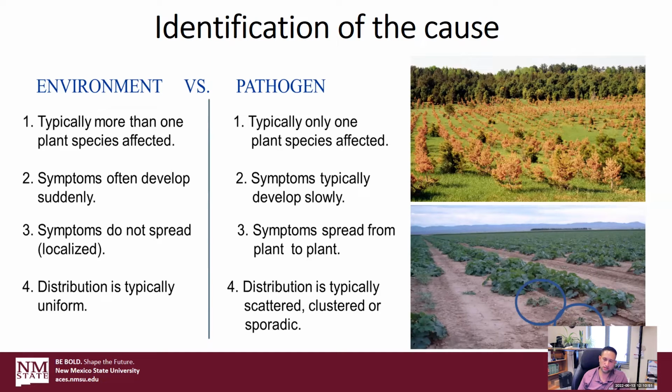So if you see one tree starting to wilt, not doing well, it can be spread through insects, through your tools, or through the roots touching each other. And then that next tree will start to show some symptoms later on down the line. And then the distribution is typically clustered or very sporadic. It's not very uniform as we see with the environmental problems.